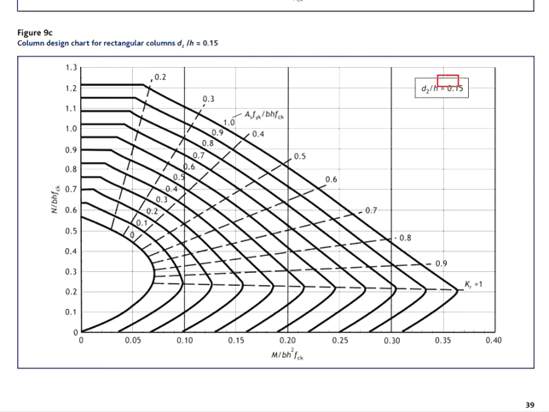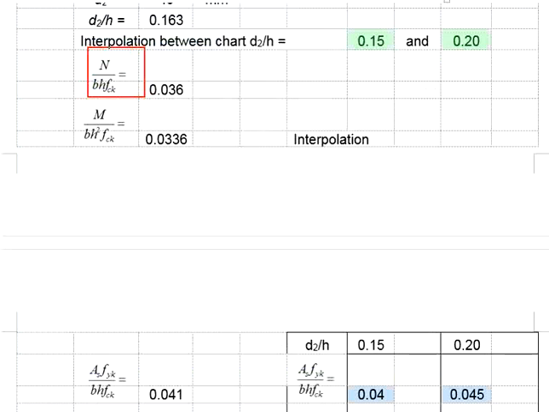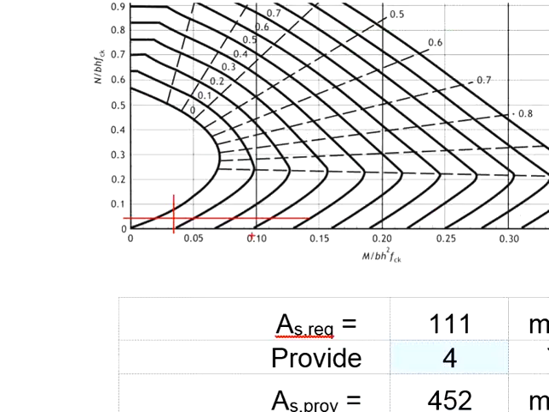Refer to the chart. We use the chart 0.15 first. The N per b h fck equals to 0.036, and the x-axis shall be 0.0336. 0.036 is somewhere here and 0.0336 is somewhere here. The two lines intersect at this point.